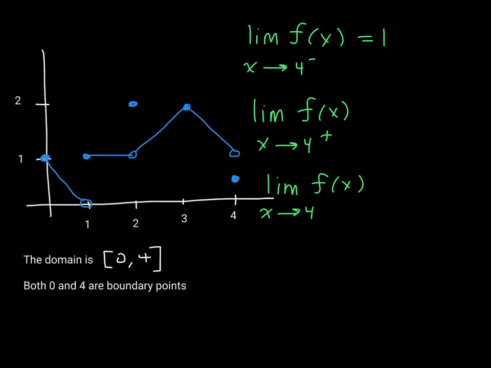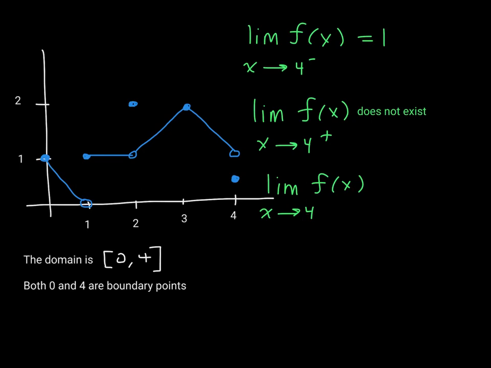All right. Now, remember that this value 4 is a boundary point. So we can say that the limit of our function as x approaches that boundary point, we can say this limit exists as long as a one-sided limit exists at 4.